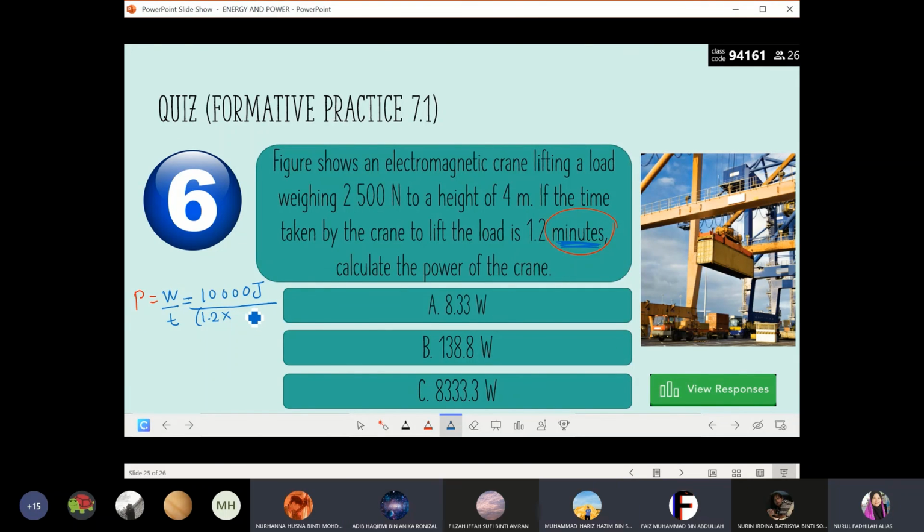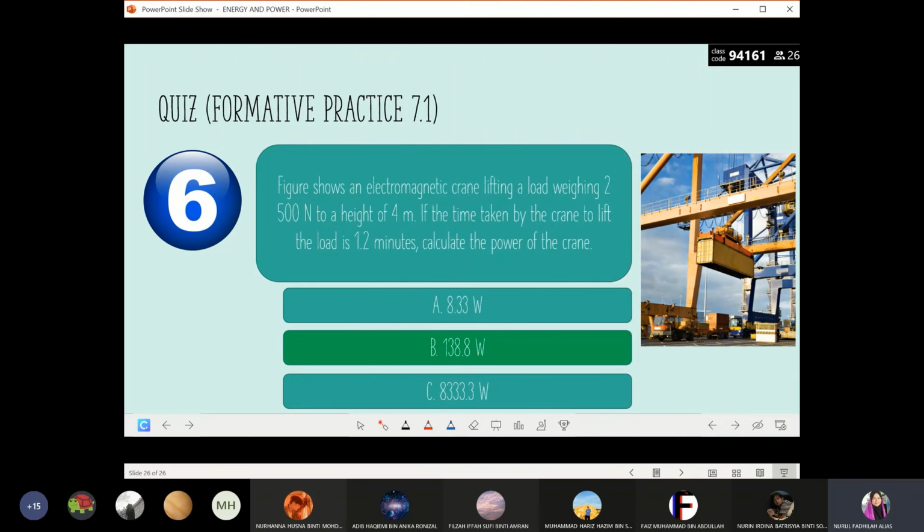Times 60. So what's the answer? 10,000 divided by 1.2 divided by 60. So the answer is 138.8. So the answer is B. Okay, class. So today you have learned about, what language did you learn today?